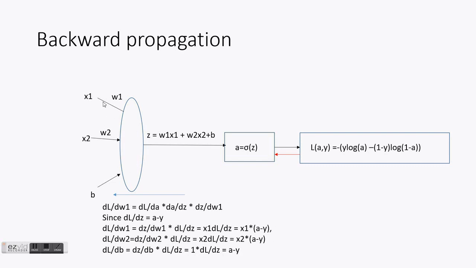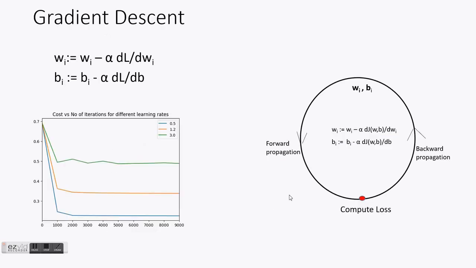So we found how the loss varies with respect to the weights and the bias, and now we can use it in our gradient descent formula. In the forward propagation cycle, we start with some random values of weights when we start the neural network, and then we do a cycle of forward propagation.